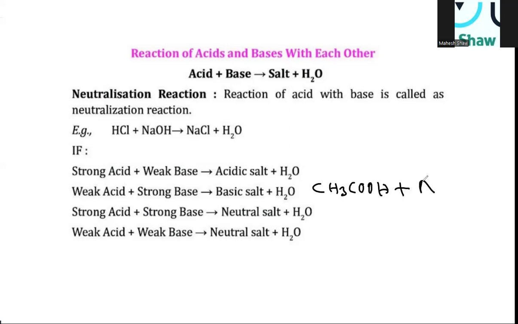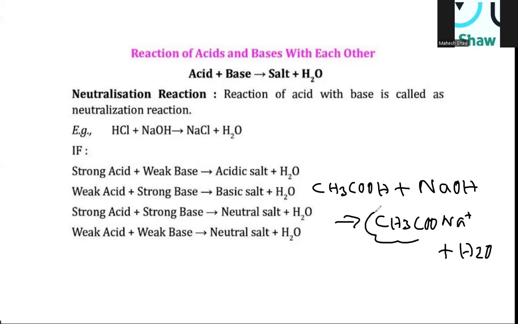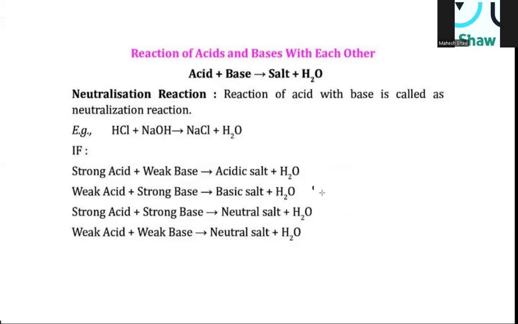If I react it with a strong base, again sodium hydroxide, the result will be sodium acetate, CH3COONa, plus water. In this case, the salt so formed will not be neutral. It will be a basic salt, as the base is strong and the acid is weak. So this salt will turn red litmus blue when dissolved in water.